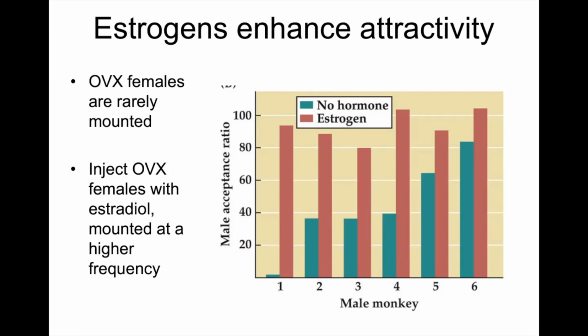This is something that can be reversed with estrogen therapy. If you inject the animal with estradiol after the ovaries have been removed, you can see mounting resume to an almost normal level.